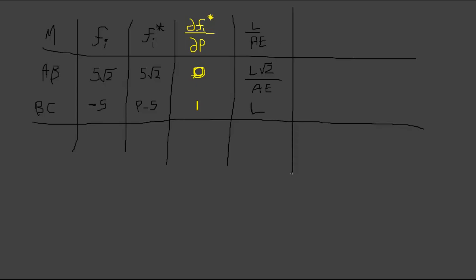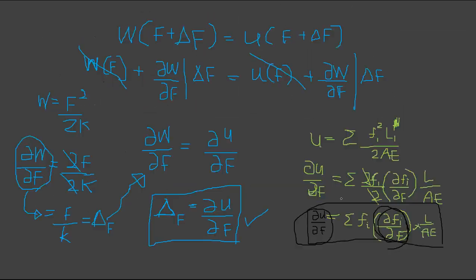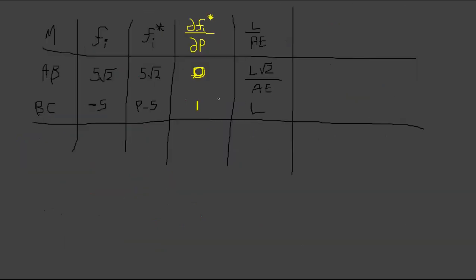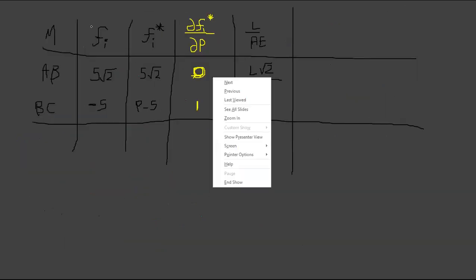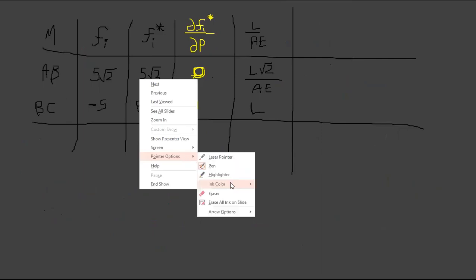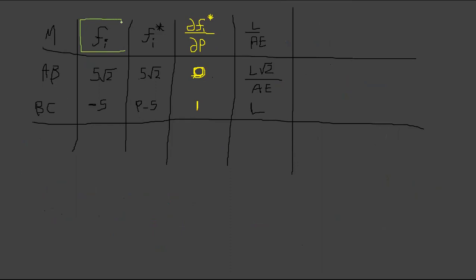So finally you need to multiply what? The original F. So I'll come to this force, dF by dP, L over AE. When you multiply F, which F is to be taken? You always take the original force, right?